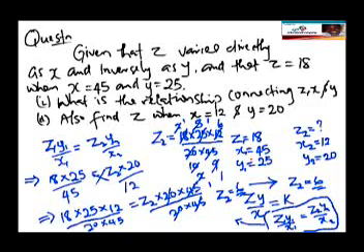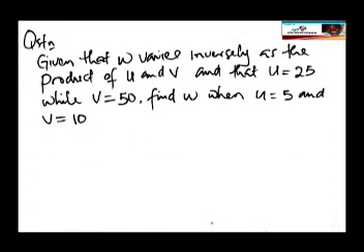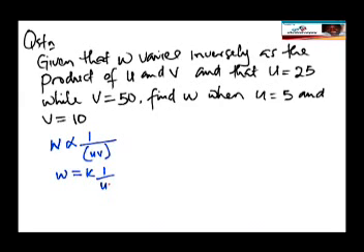We may want to take another example. And this time around, the question says, given that W varies inversely as the product of U and V. So we say that W varies inversely as the product of U and V. Here we have W is equal to k times 1 over UV.